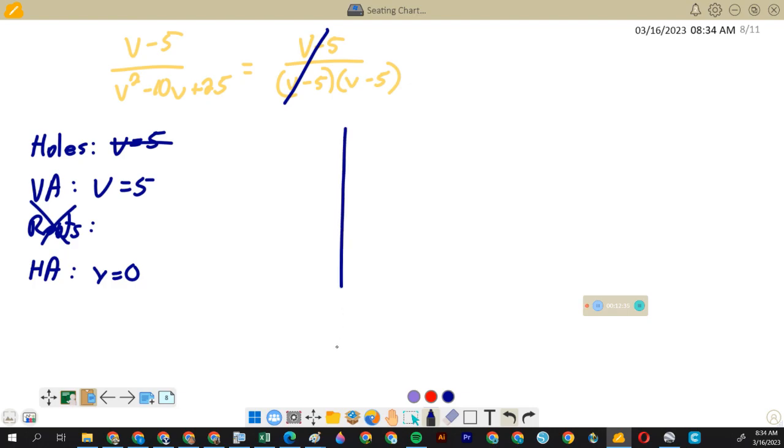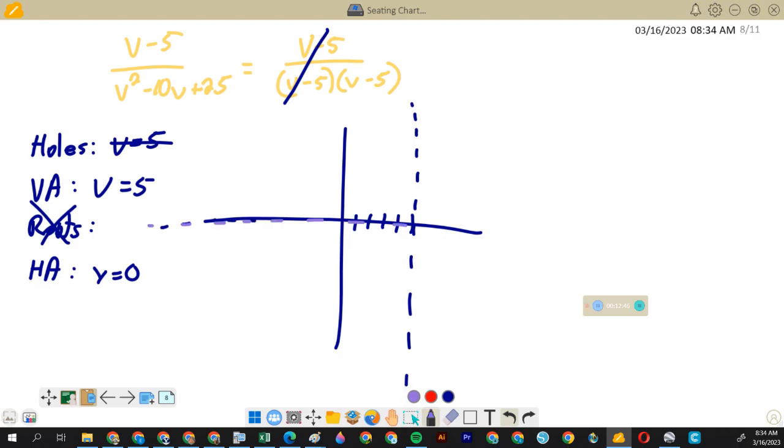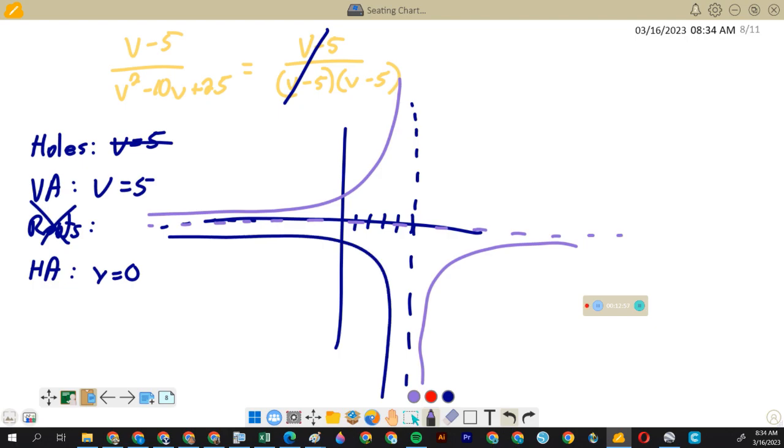So we graph this. Over here at 5, we have a VA, and we have an HA at 0. Okay, and then we have two choices. It's either going to look like that and like that, or this and this. How do we figure out which one it is? Guess.